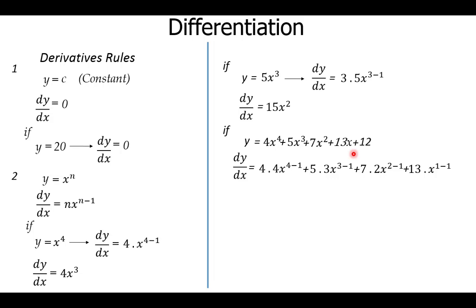Plus, remember, we said the differentiation of a constant is equal to 0. This is a constant, 12. Therefore, dy/dx of 12 will be equal to 0. So that will be plus 0.